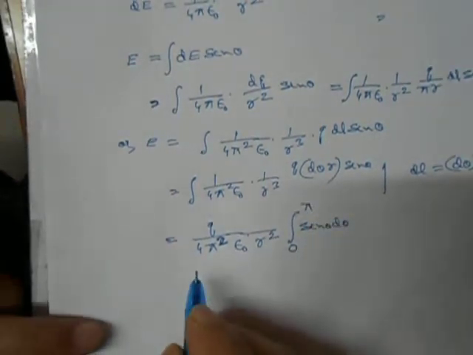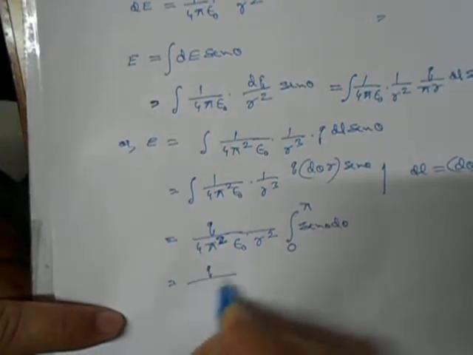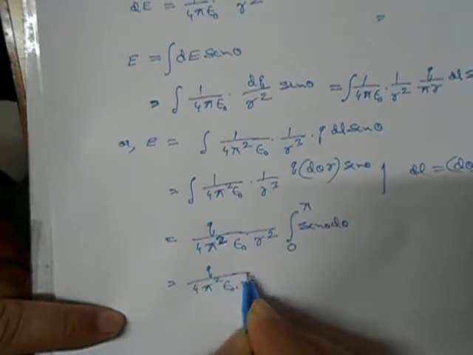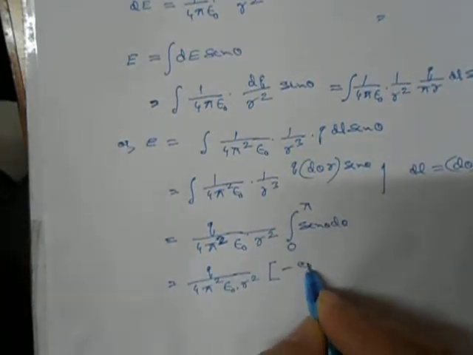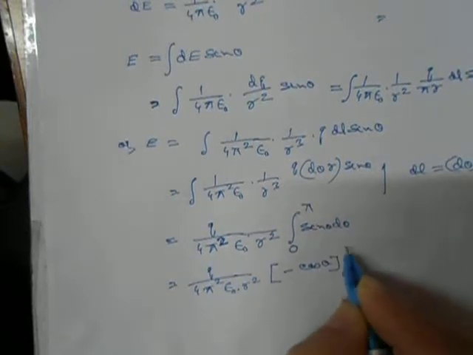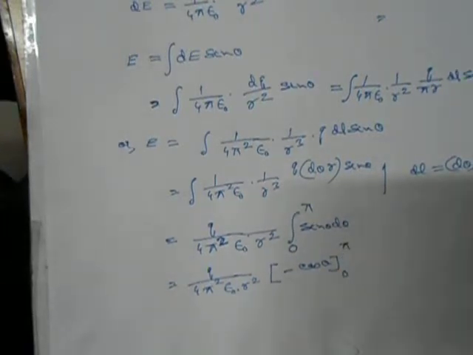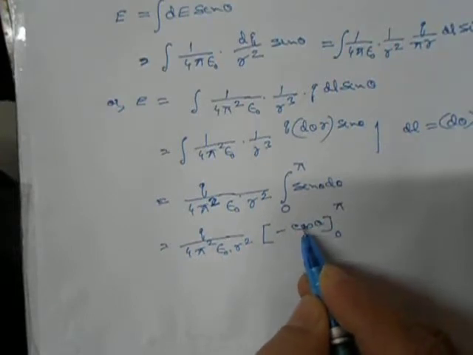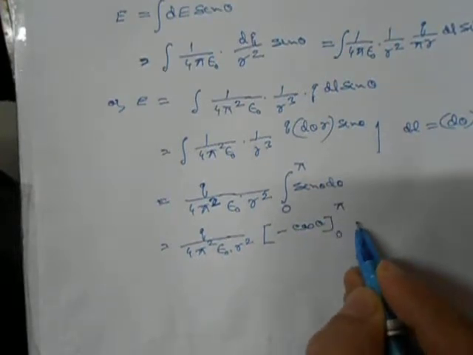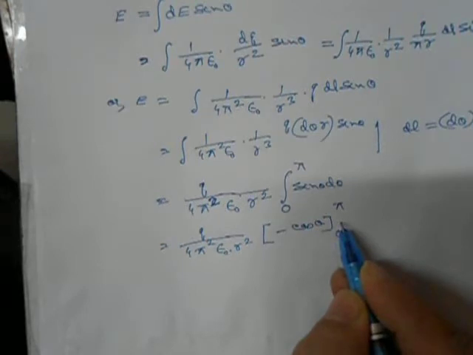Now if we integrate and substitute, we get 4 pi epsilon naught r square. The integration of sin theta will be minus cos theta, from 0 to pi. When you substitute pi, this becomes minus cos pi minus minus cos 0, that will give us 2.